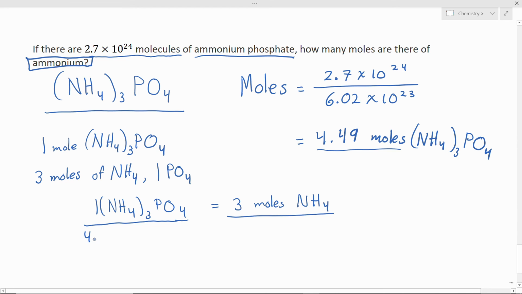And then we have that 4.49 moles of the entire thing is equal to an unknown number of moles for just ammonium. And because we have a multiplication sign between these 2 fractions, we can cross multiply.